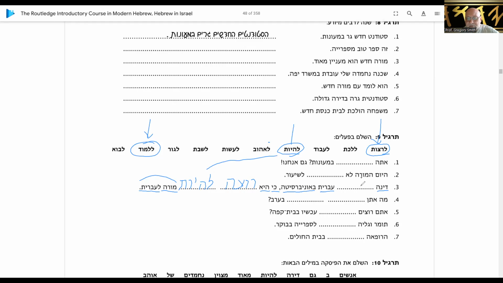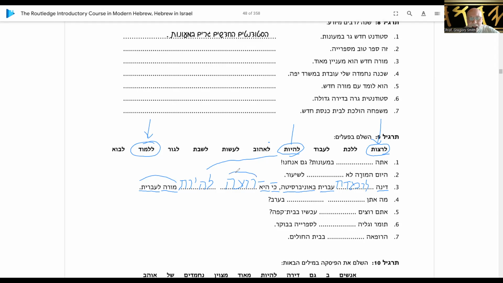Okay, so let's see. Dina is learning Hebrew. Yeah, lomedet. Dina is learning Hebrew. Okay, so we should see Dina lomedet Ivrit ba'università. Dina is learning Hebrew in the university.